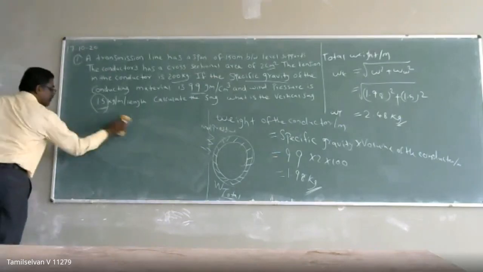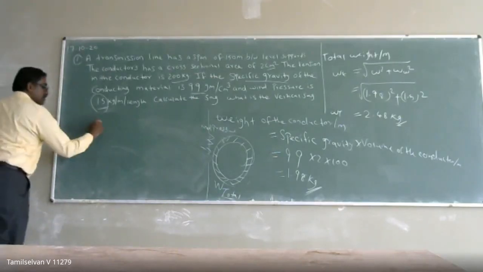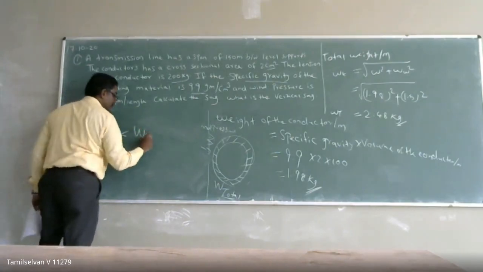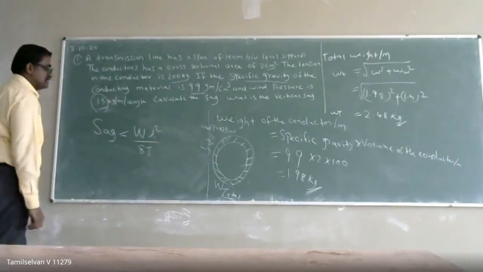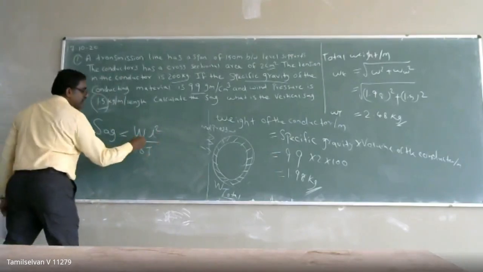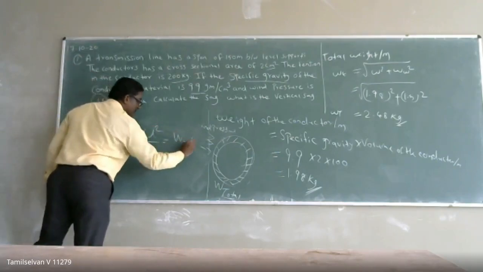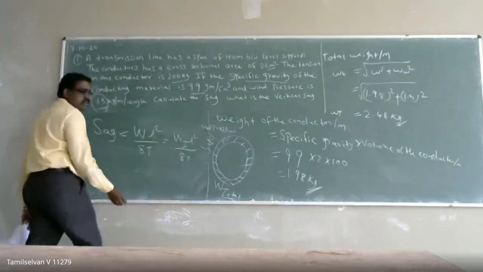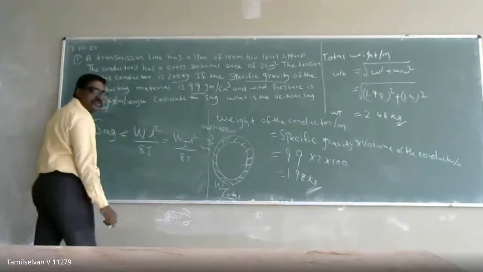We know the formula for sag, L square by 8T. The weight that appears is W_T L square by 8T, where the total weight means the ice coating plus the wind pressure.